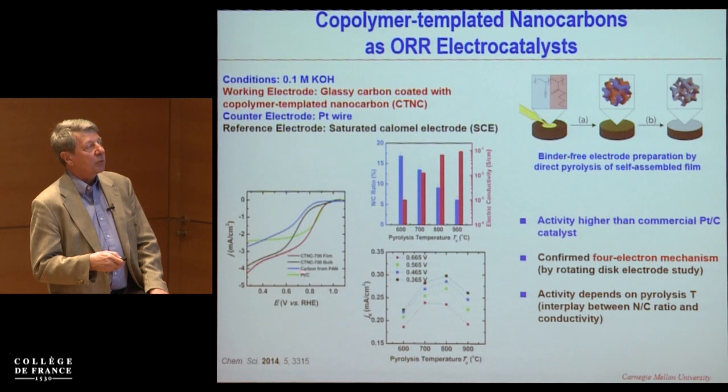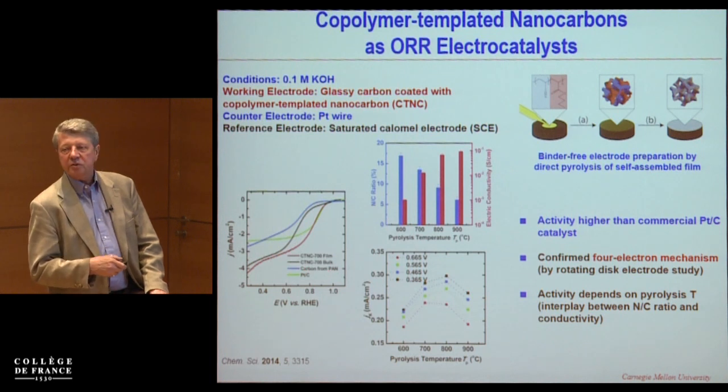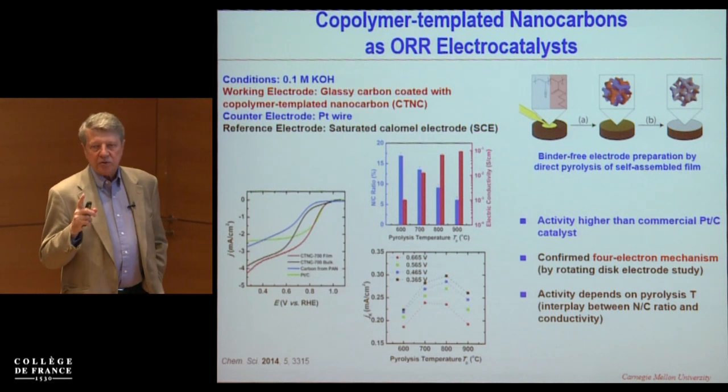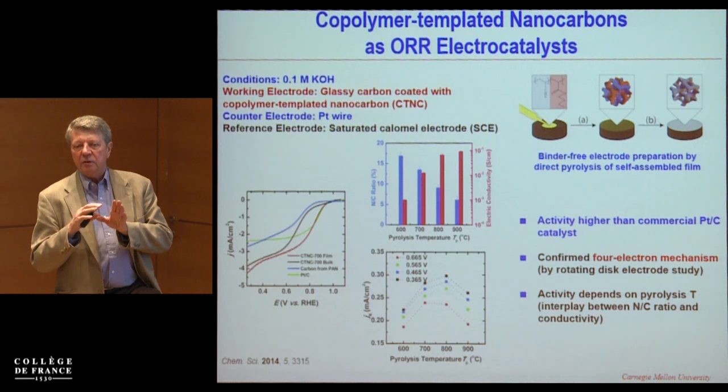And here is the same comparison. So this is the platinum. This is the 700 temperature film. And if you go to the pure polyacrylonitrile, it works in a much less efficient way. One advantage of these materials is that you do not need to use any kind of filler.